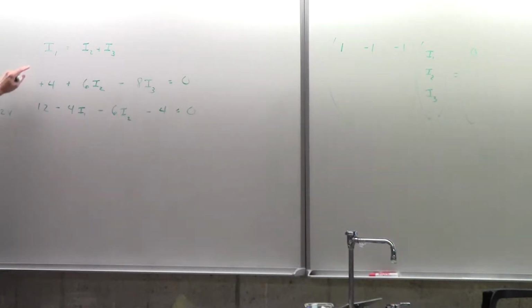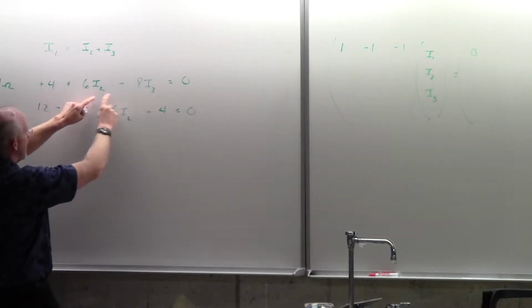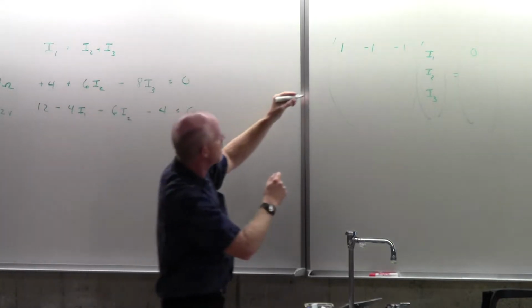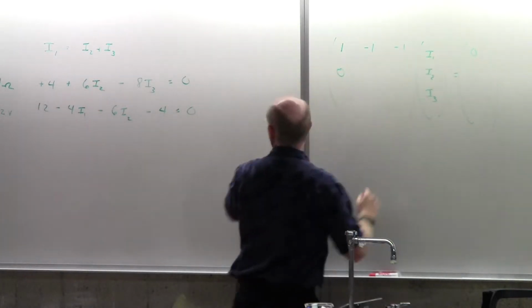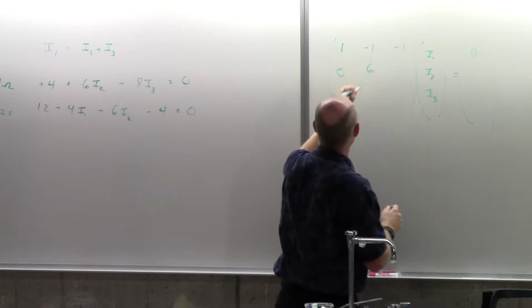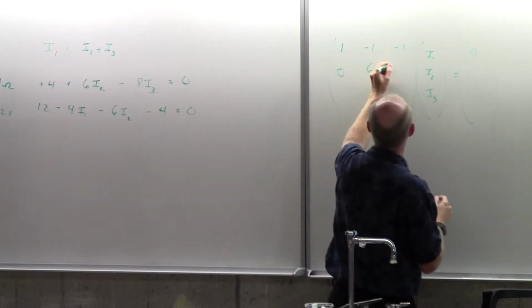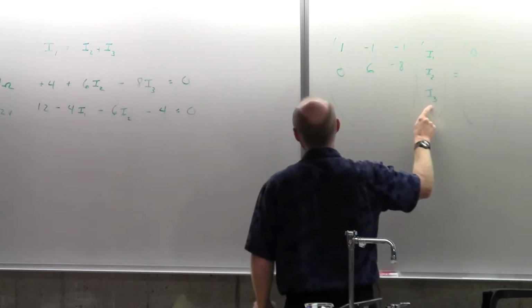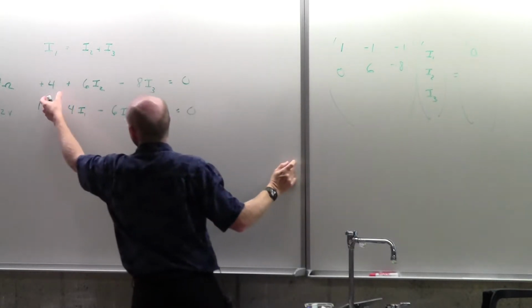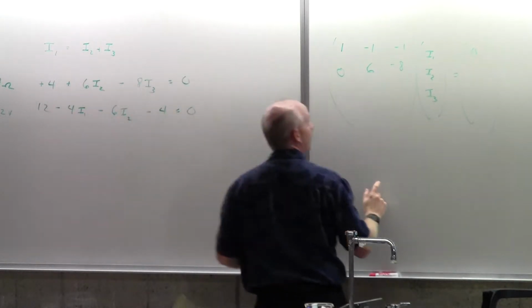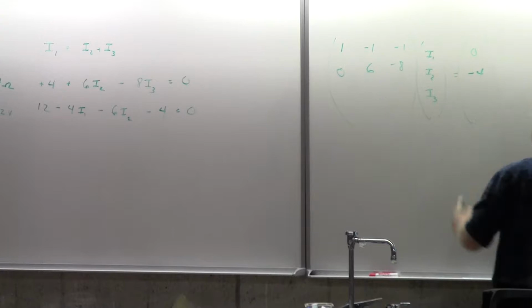So that's equation number 1. Equation number 2, it looks like my unknowns are I2 and I3. So I've got 0 I1, 6 I2, minus 8 I3 equals, and I'm going to bring the 4 to the other side, so that's a negative 4.